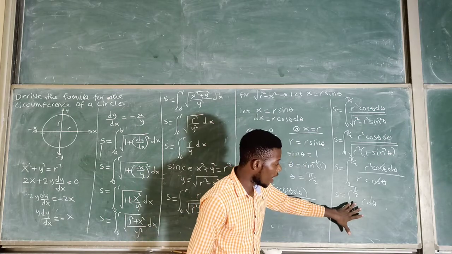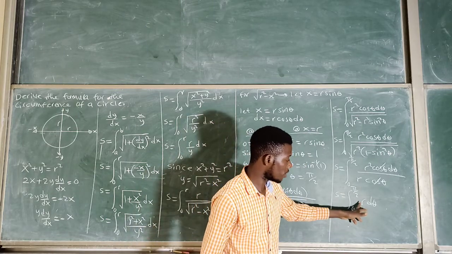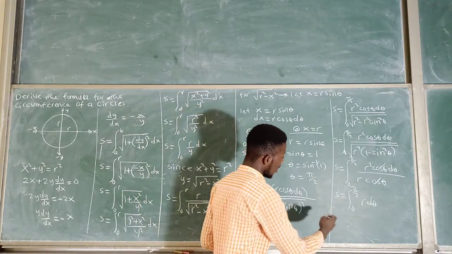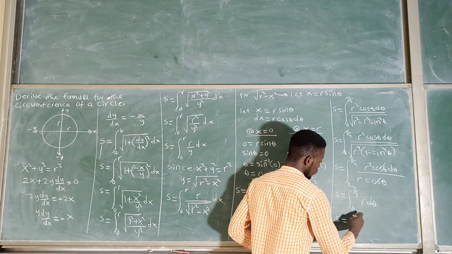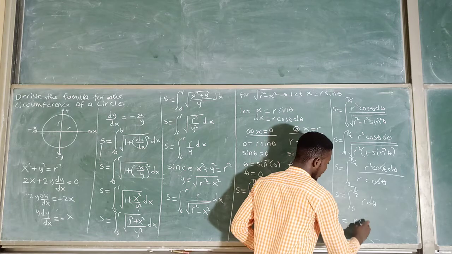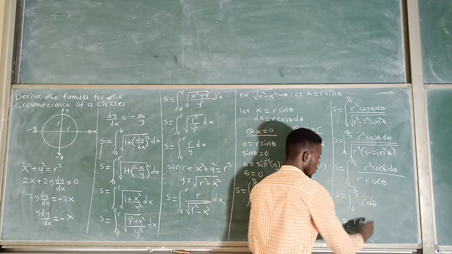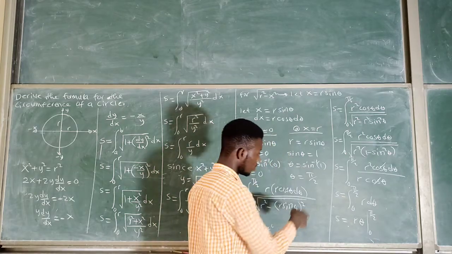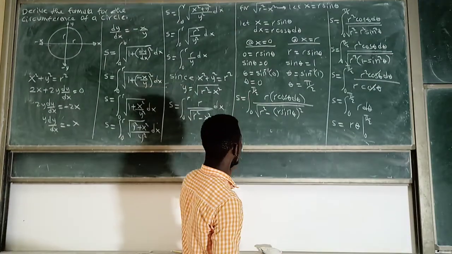Now, when I reach here, I can integrate r d theta because r is a number. Since r is a number, I have s will be equal to r theta, from 0 to pi by 2. So just keep that in mind.